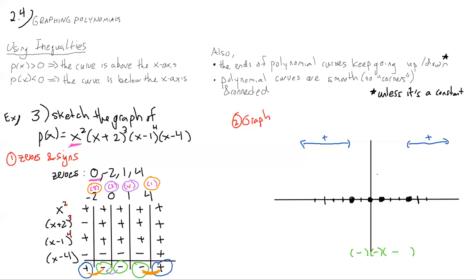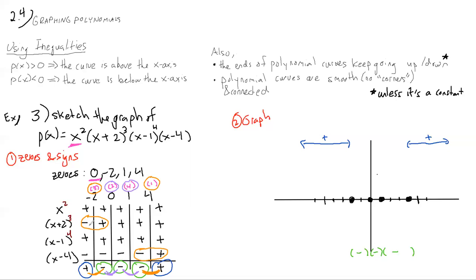If you look at what's happening with the powers at the bottom, and we're going to use this later, basically the odd powers cause the sign to change. That's because at the -2 and at the 4, those signs change.